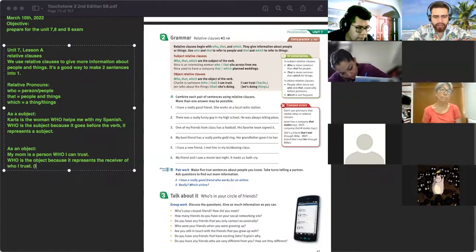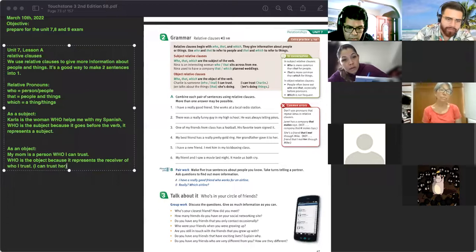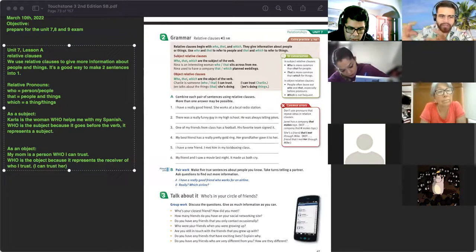Kind of like I trust or I can trust her. But instead of saying her, I use who. My mom is a person, I can trust her. Combine the 2 sentences: my mom is a person who I can trust.